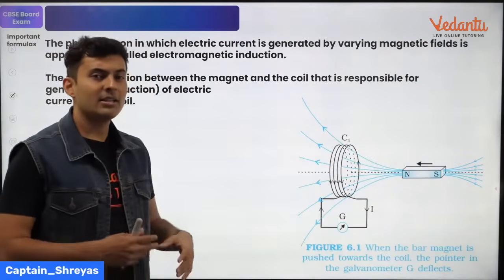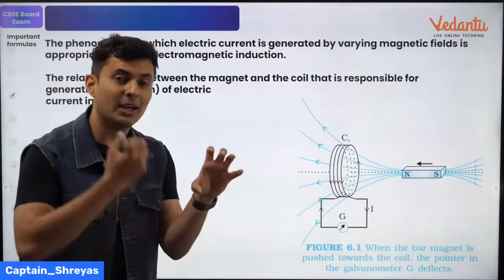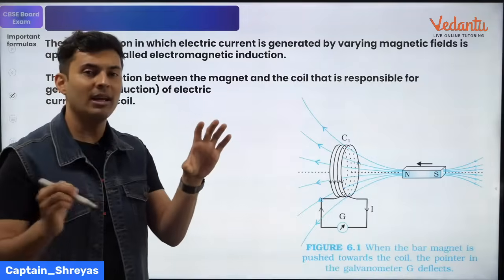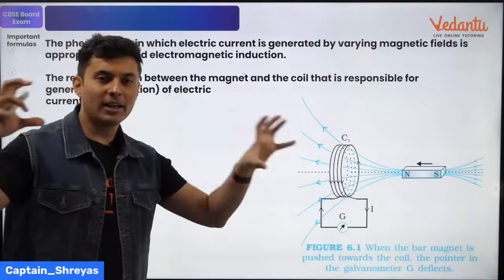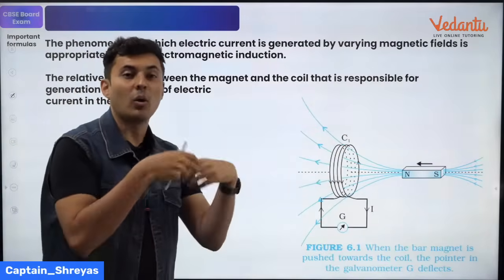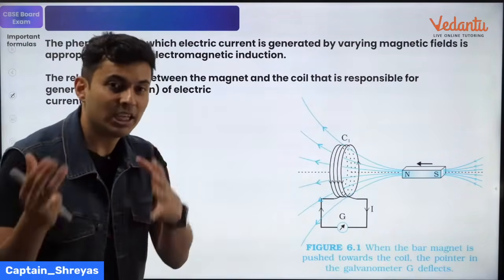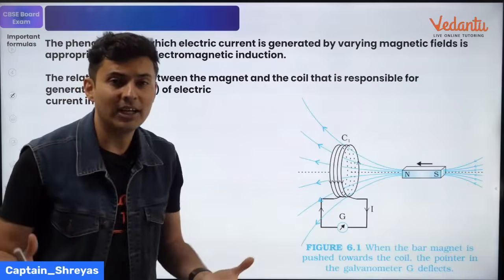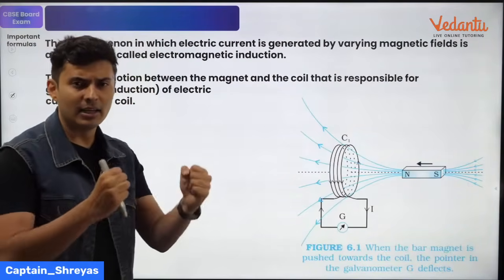So Faraday said that electricity can be created by magnets by moving them or turning the coil or creating relative motion, because of which the field lines passing through the coil change over time. That change in the flux creates electricity inside the coil.